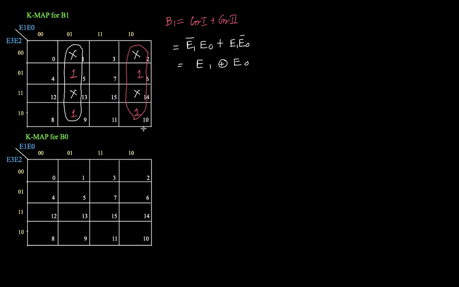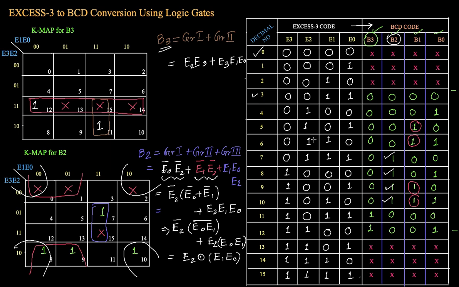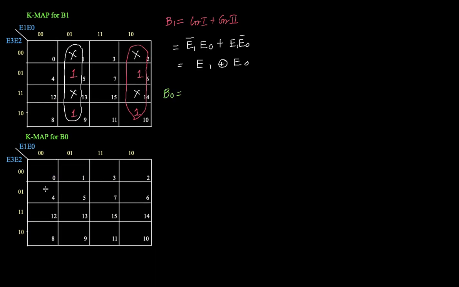Okay, so considering the fourth case, that is B naught. How can we calculate B naught? For B naught the positions are 4, 6, 8, 10 and 12.